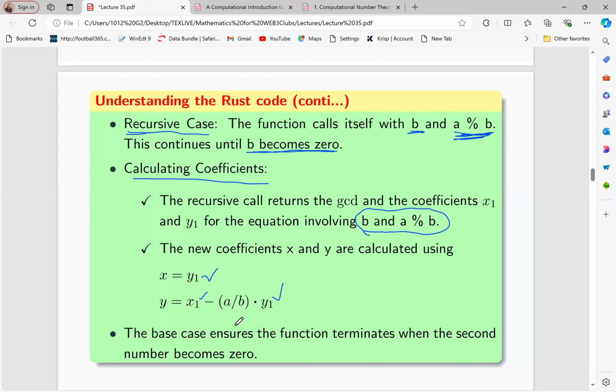At this point, I said it will only be taking the whole number. If a is 7 and b is 3, that division is 2, so it takes 2. So y is x1 minus a divided by b multiplied by y1. I'll show you how that works with an example.